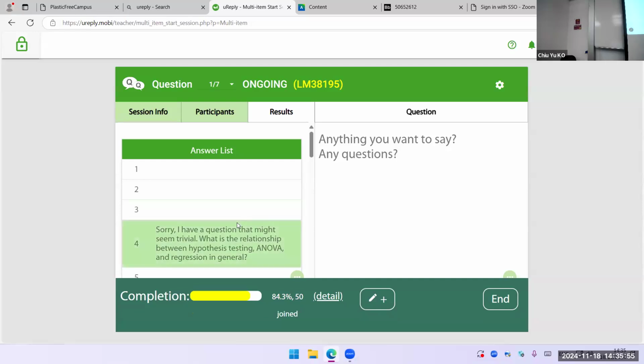ANOVA is a special case of hypothesis testing. In particular, one-way ANOVA asks whether different groups have the same mean or different means.